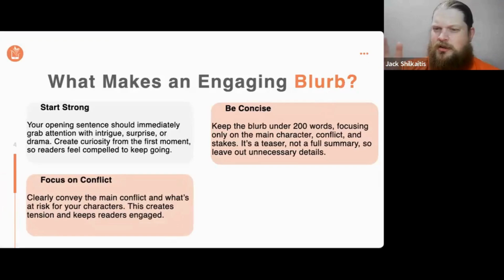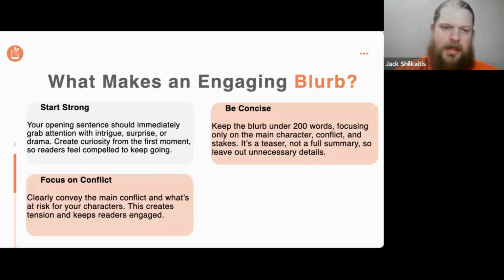Keep the focus on the conflict, whatever it happens to be, and clearly convey what that is, right? What is at risk for your characters? And this doesn't matter what genre you write in. So if you write thrillers, right, the word conflict, risk, you can take those very literally, right? Probably in certain genres.